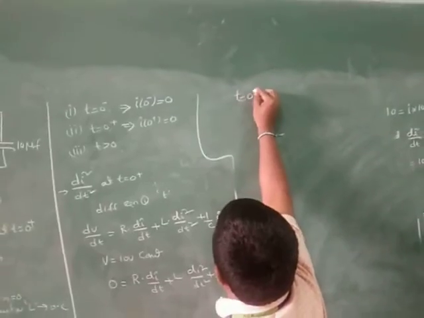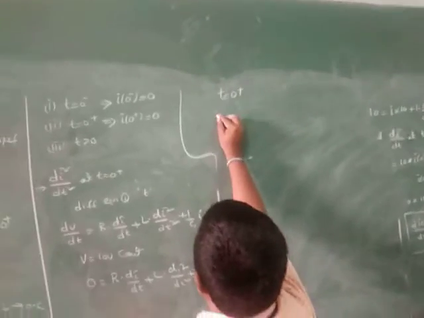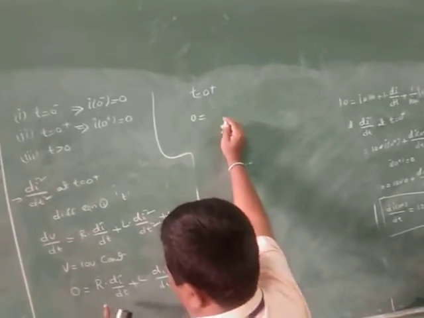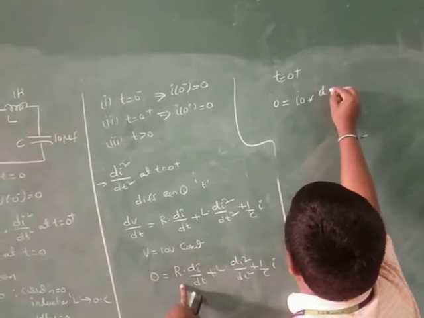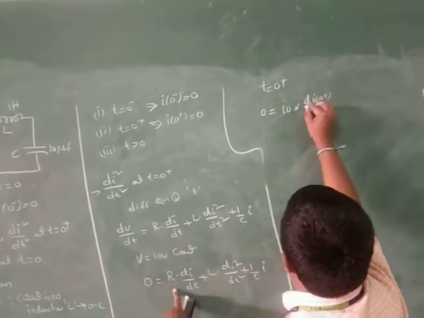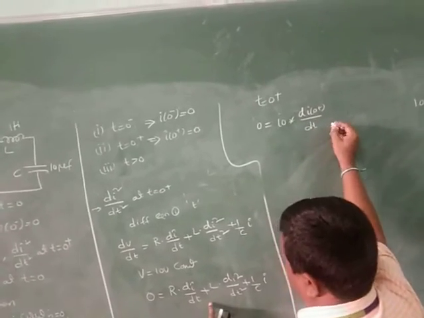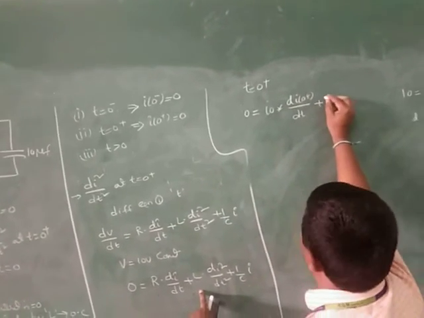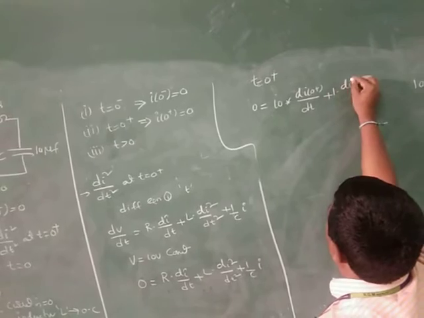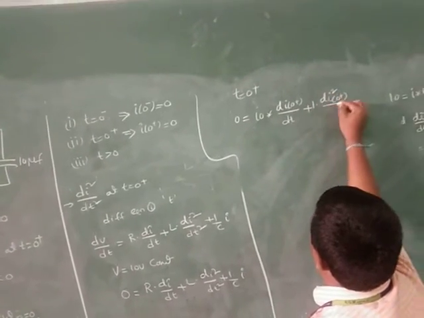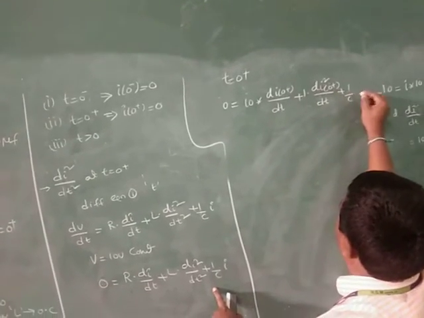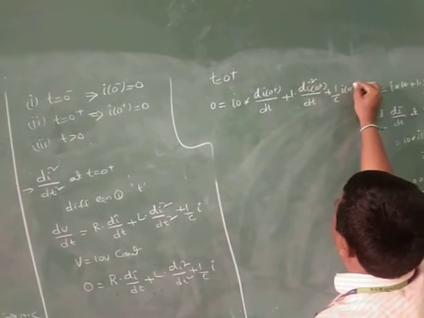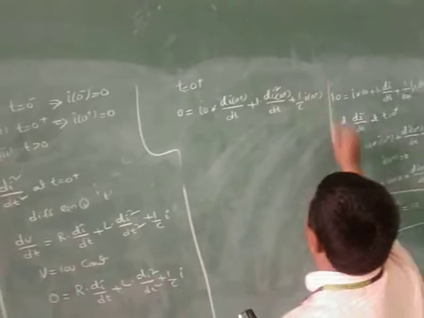At t equal to 0 plus, v(0) is equal to R, which is 10, into di(0+)/dt, plus L value is equal to 1, di²(0+)/dt², plus 1 by C i(0+).